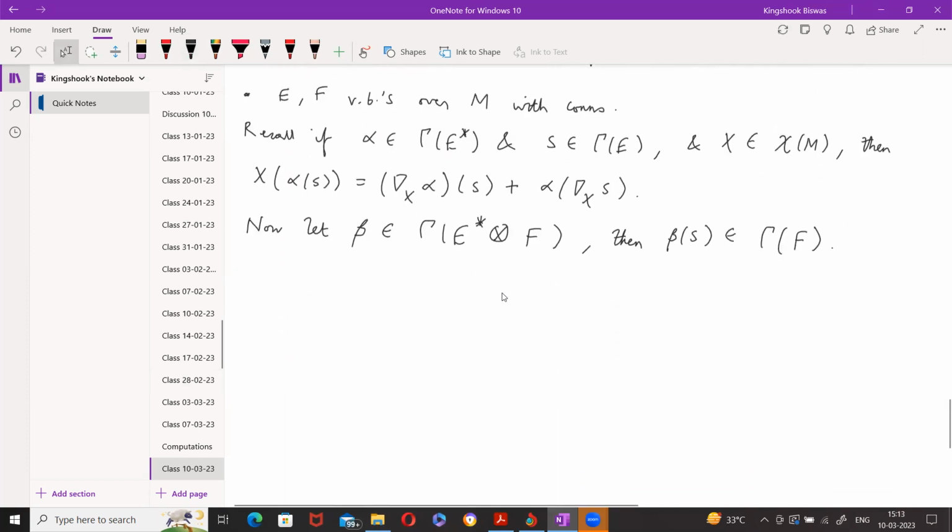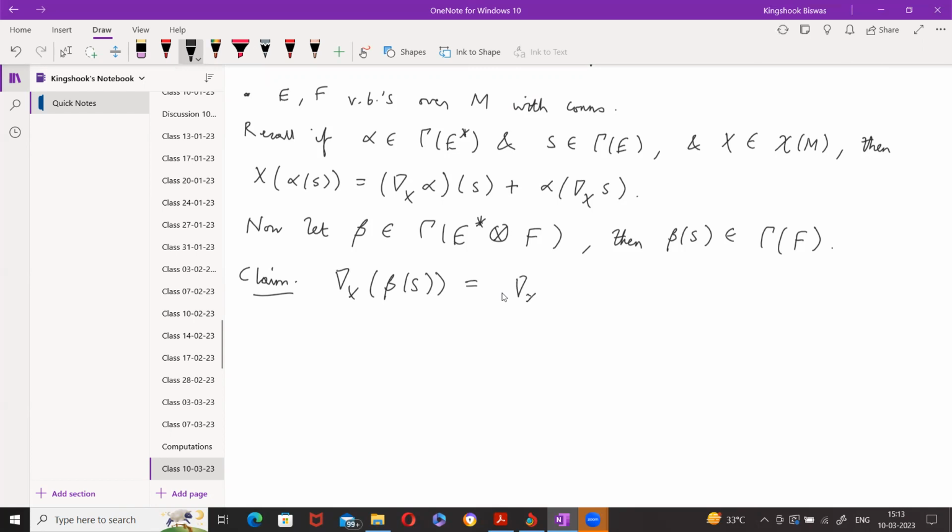Yes, sir. So our claim, this will be a very useful computation, is that this section of F, I can apply the connection on F to this. So nabla sub X of beta of S also satisfies the Leibniz rule.